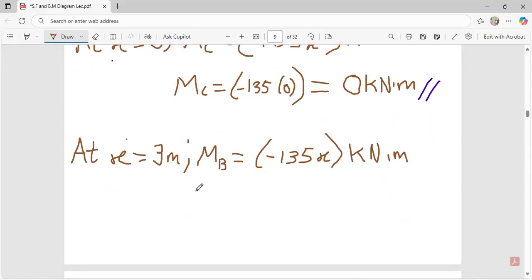Finally, let's put our 3 meters in it. So we are going to get minus 135. What is the value of x? It's 3. So bracket open, I put a 3 inside.